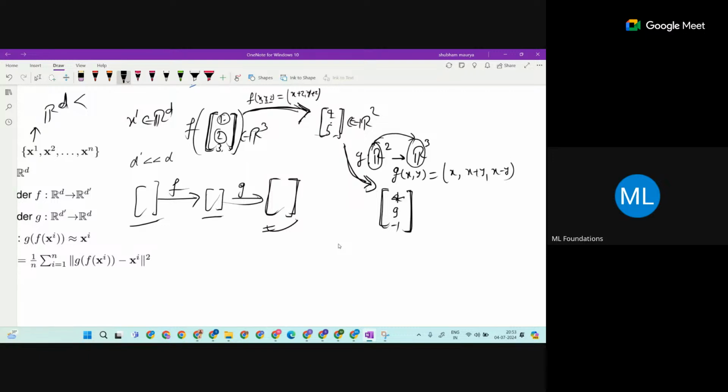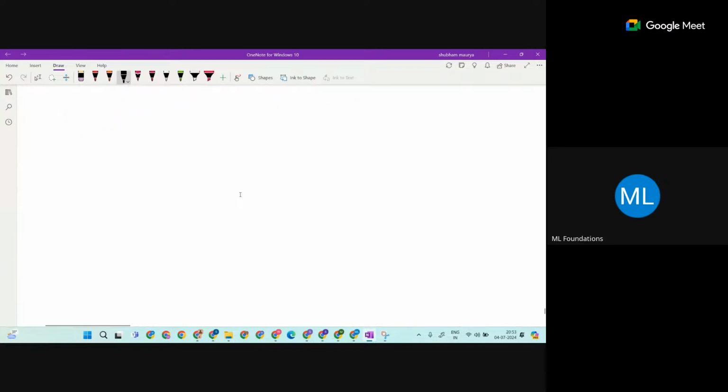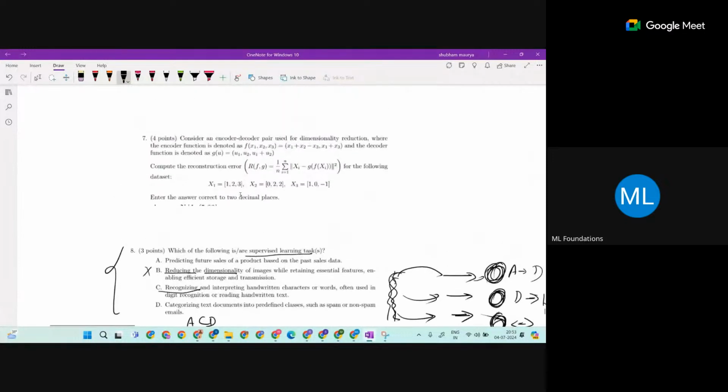Do you have a question on this topic? Yes, there is one problem I already have, so let's do this problem. All of you try to solve it. A set of data is here, and you have to recognize which one is the encoder and which one is the decoder.